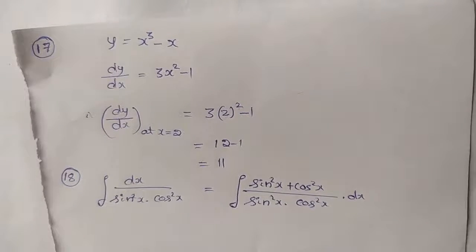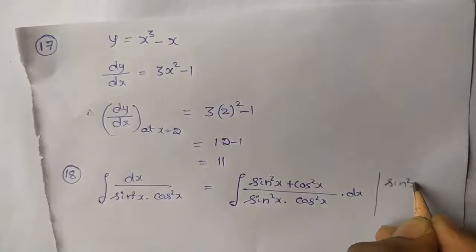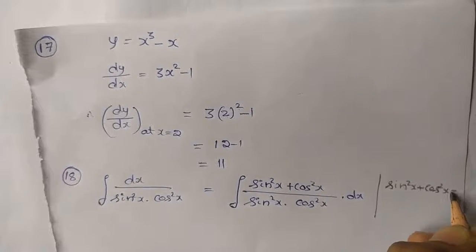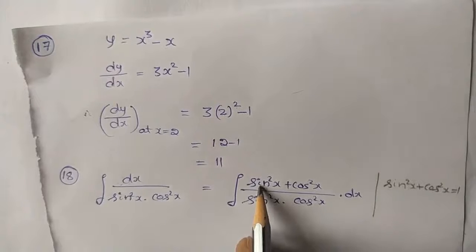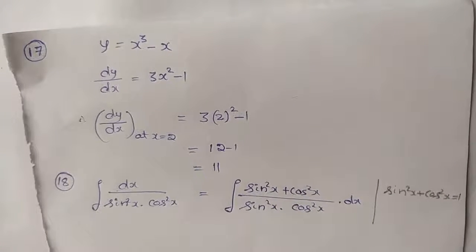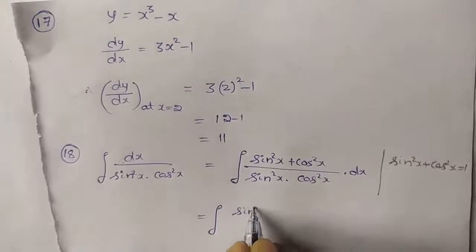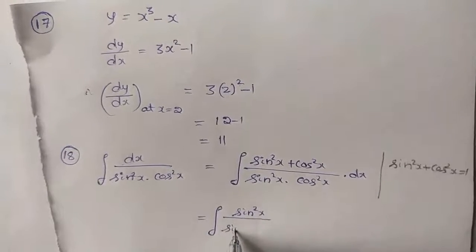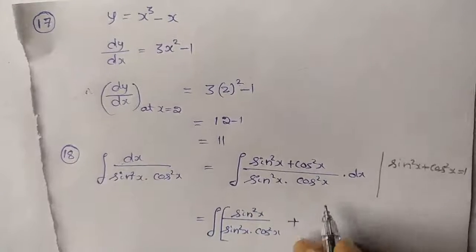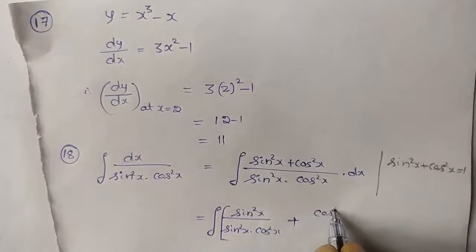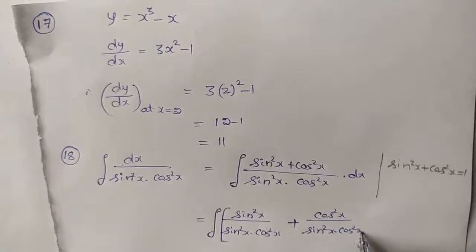In trigonometry we have the formula that sine square x plus cos square x is 1. In place of 1 we have written sine square x plus cos square x. Now split this: integration of sine square x divided by sine square x into cos square x, plus cos square x divided by sine square x into cos square x.